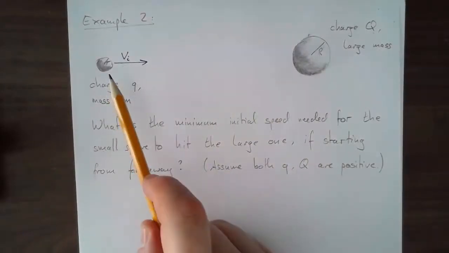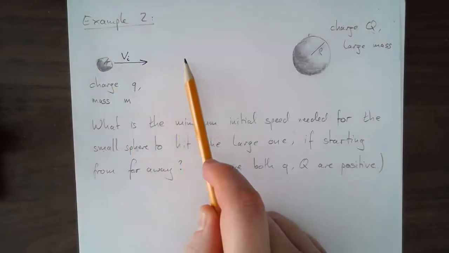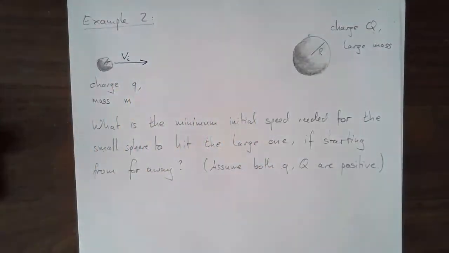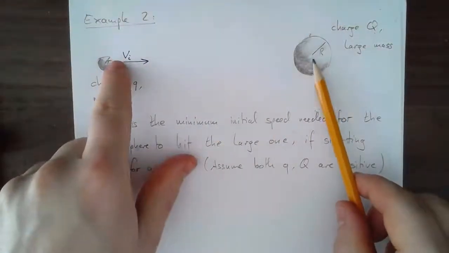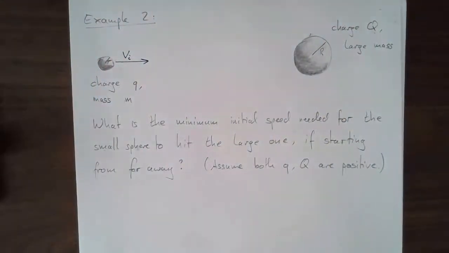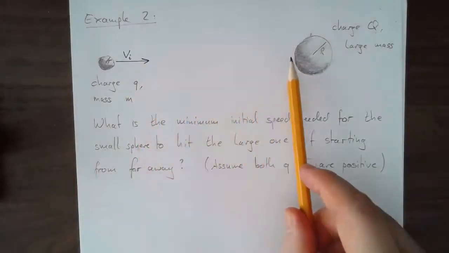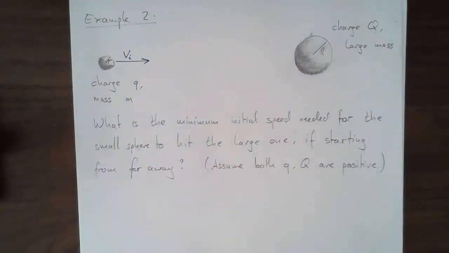And you can imagine if it approaches too slowly, it'll just get pushed away, turn around, and shoot back off. Because there's a repulsion, because they're both the same sign of charge. But if I shoot it fast enough, then yes, it's slowing down on its way, but it's still going to hit. But I want to find the minimum speed I need starting from far away.